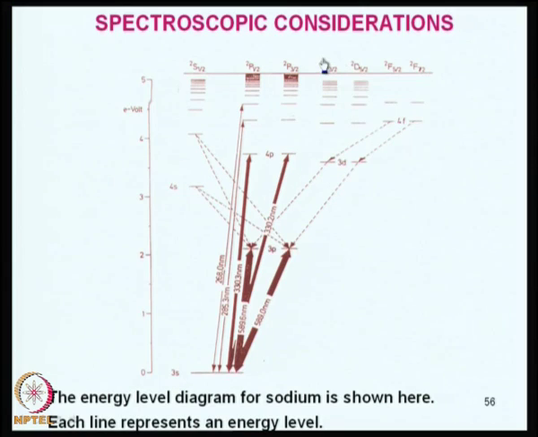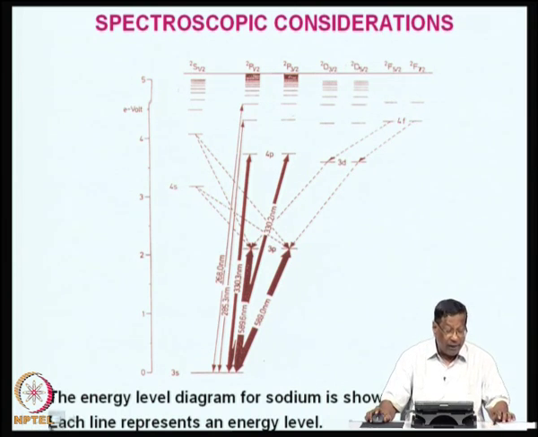What we mean by similarly complex emission means almost all the elements show the same figure like this. Sodium, almost all elements you can get a figure like this. Only thing is their energy differences will be different, the spectral lines and the corresponding energies will be different.